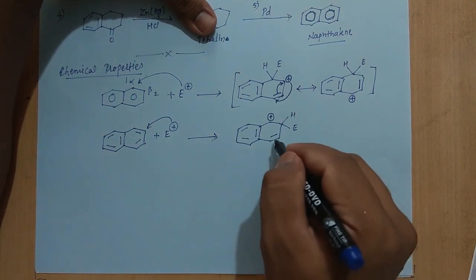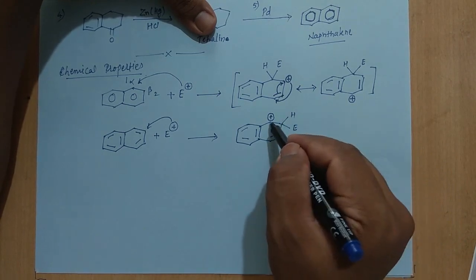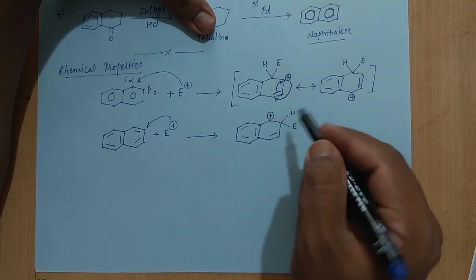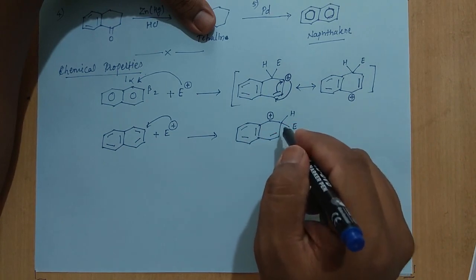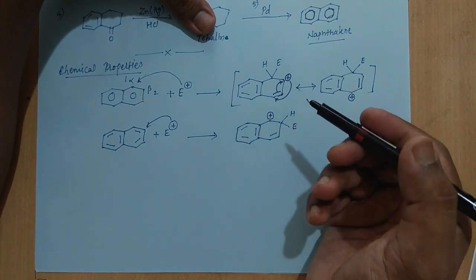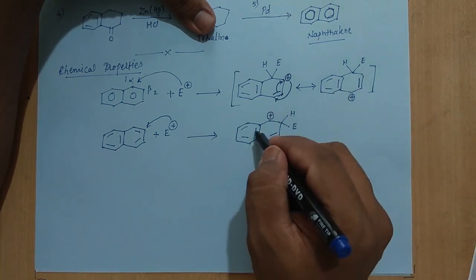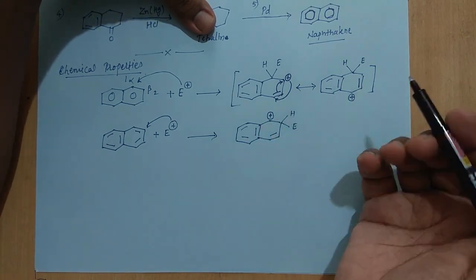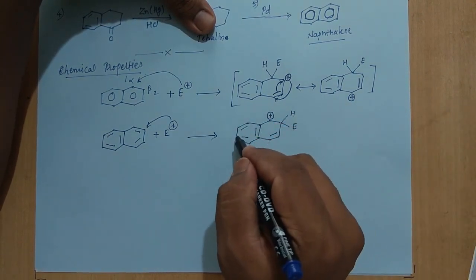Okay, now in this case, the positive charge on the first carbon atom is not resonance stabilized because none of the neighboring carbon atoms contains a pi electron. Now you can think that pi electron from this ring will transfer to this position. No, this will not happen. The reason behind this is that this benzene ring is already stable, with its resonance energy.